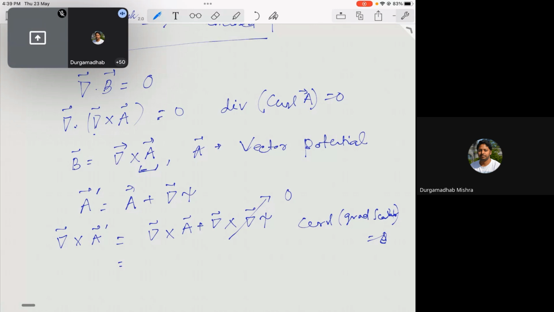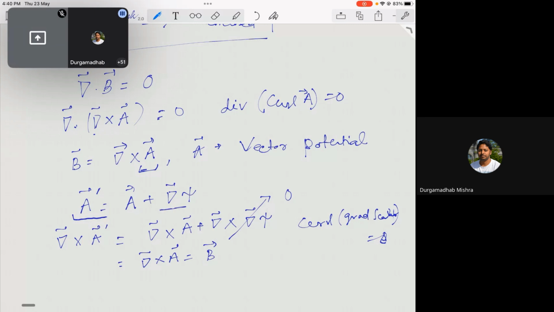This also you can prove. So in mathematical physics, if you haven't done that, you can try to just use it and calculate the curl of a gradient and the divergence of a curl. All those you can calculate and prove this identity. So this is nothing but simply curl of A, which is equal to B. So that means this choice of a vector potential can be arbitrary.